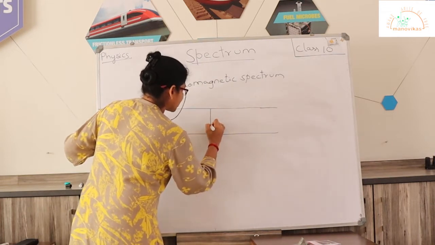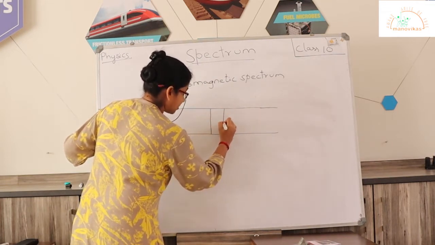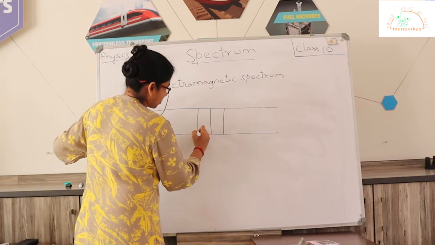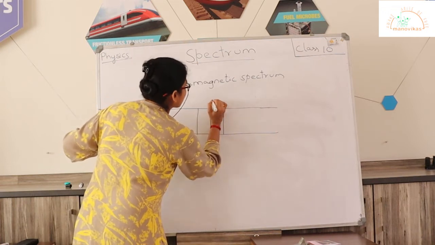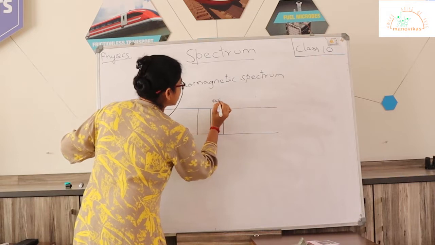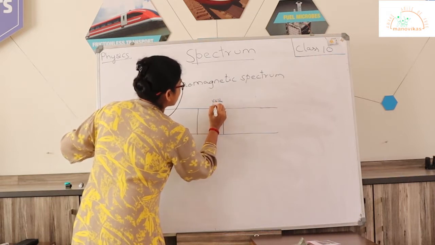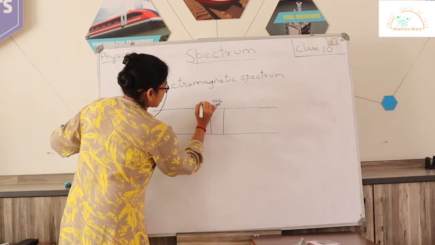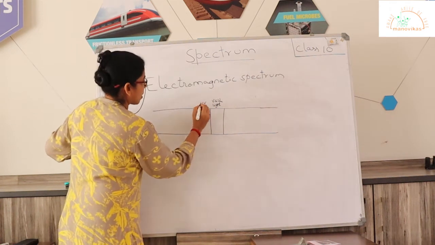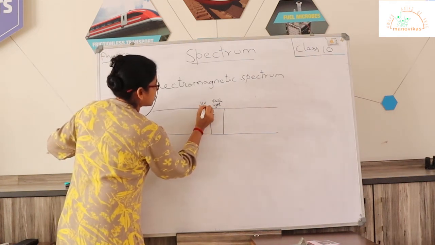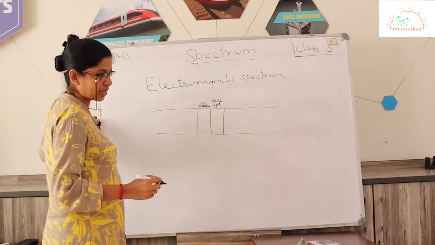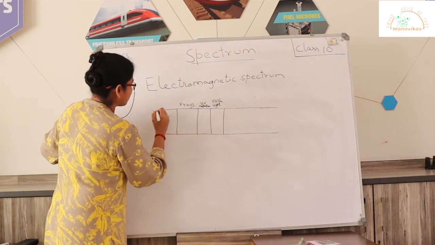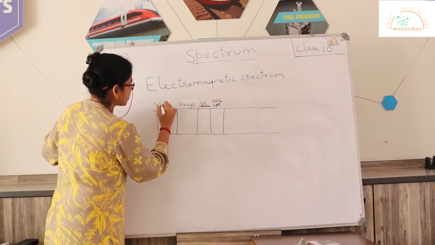When you have the visible section somewhere here, it's the visible section. You have the ultraviolet radiations, you have X-rays, you have the gamma radiations.